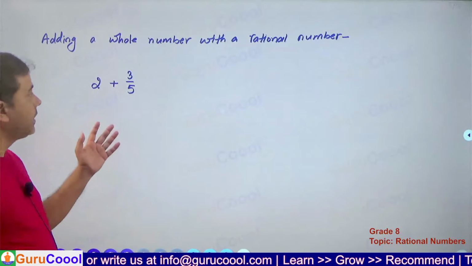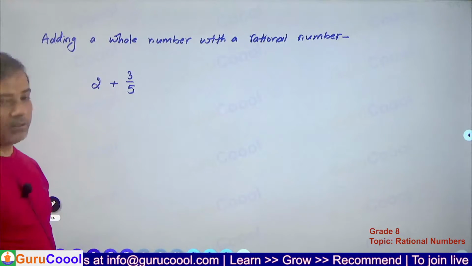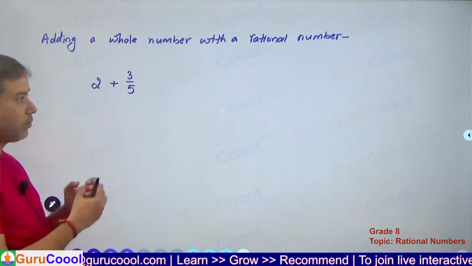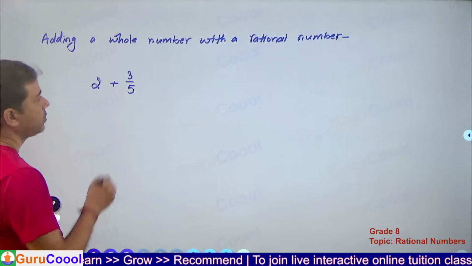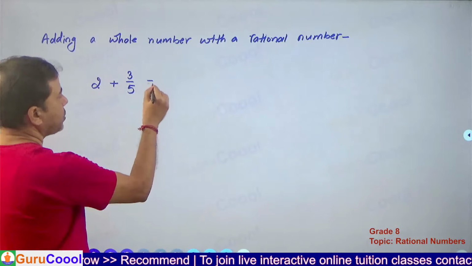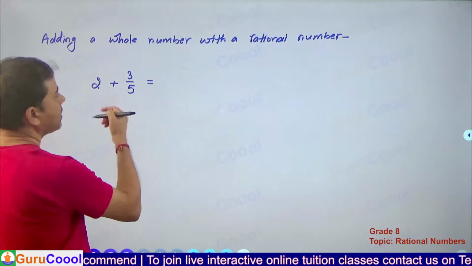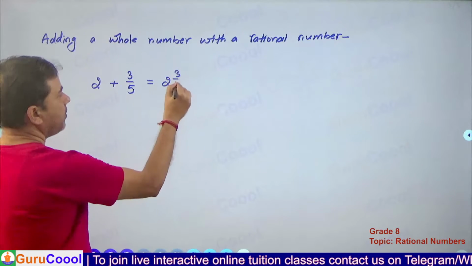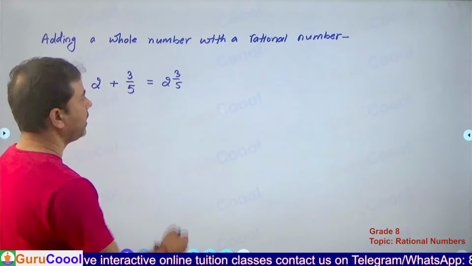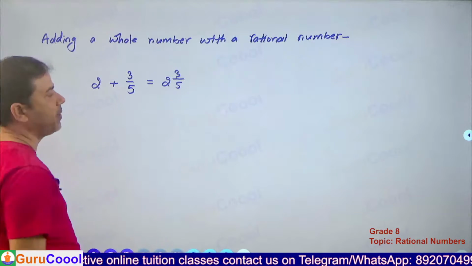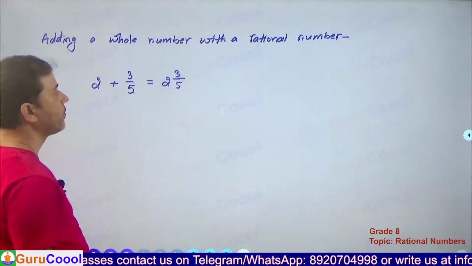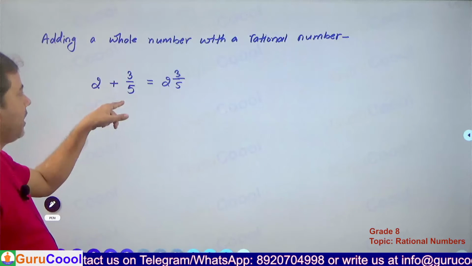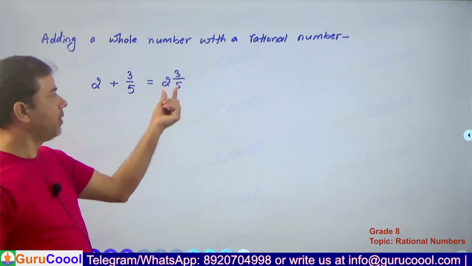It looks like we have got a question on addition, but not exactly. The other way to see the same is that it is actually equal to the mixed fraction 2 and 3 by 5. Remember, they are equal, they are the same. They look different, but they are the same. 2 plus 3 by 5 is nothing but 2 and 3 by 5.